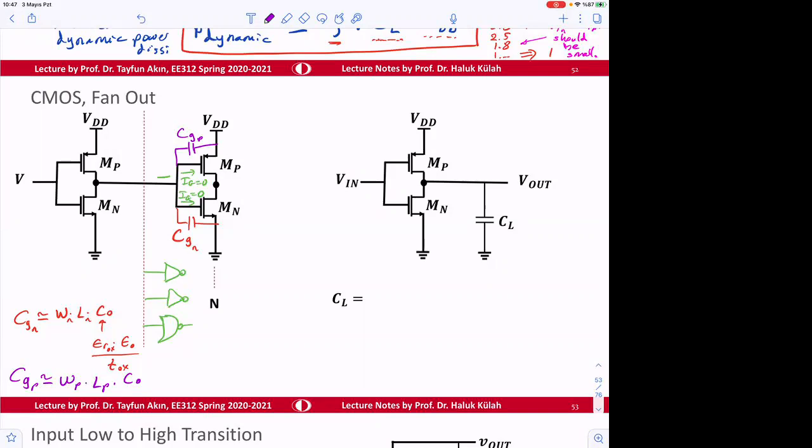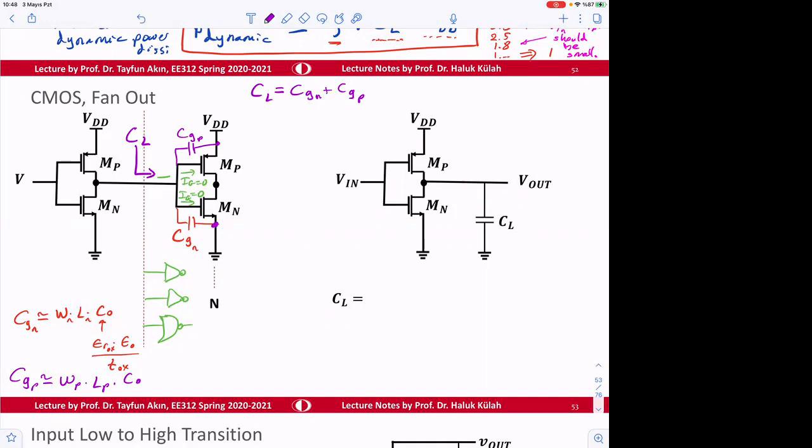CL, if there is only one gate, let's call this capacitance that we see here as CL. That CL value will be equal to C gate N plus C gate P. Okay, so why is it the case? Although one side is connected here, the other side is connected here.